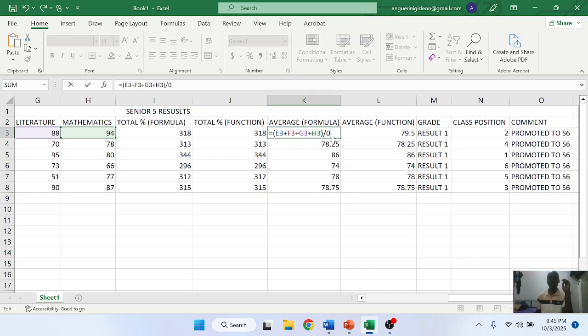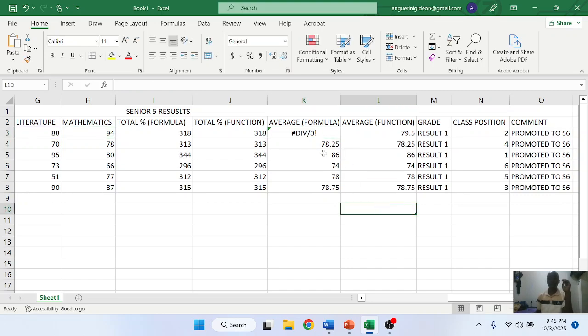So what will it bring? It will bring for us #DIV/0!. So when it brings this error, what you'll have to do is ensure that you cross-check whether you've divided it with the correct number or you've divided it with 0. So that is the first error.